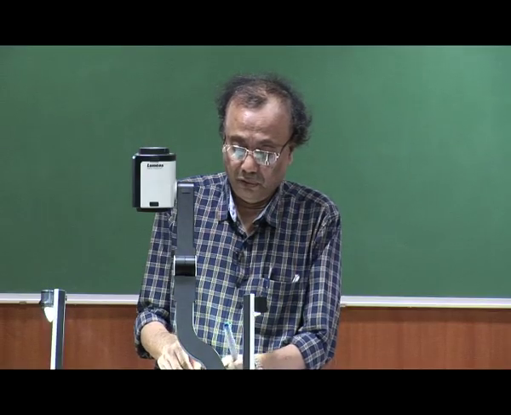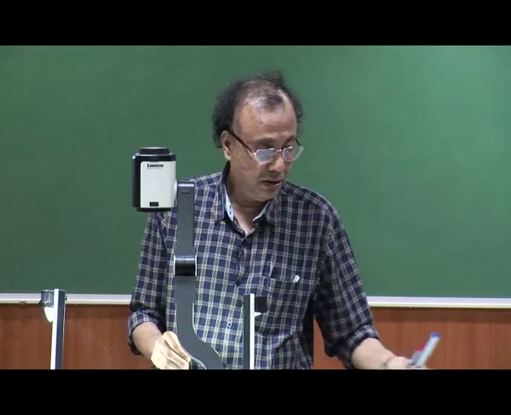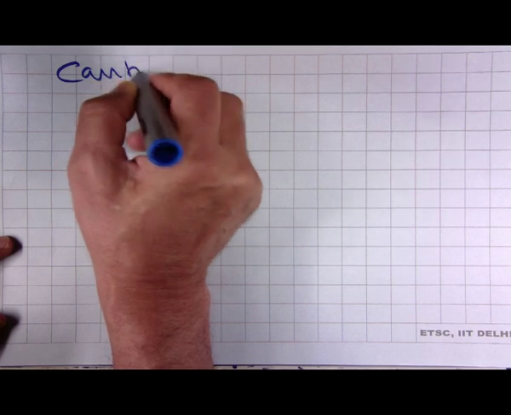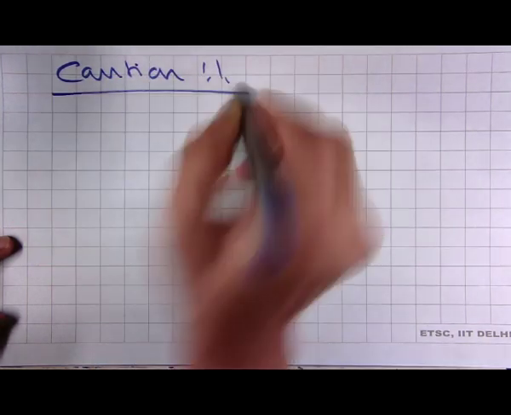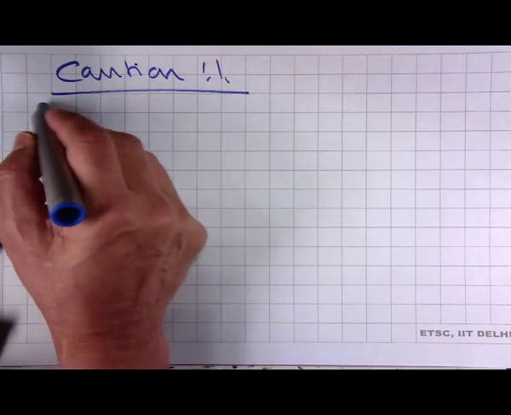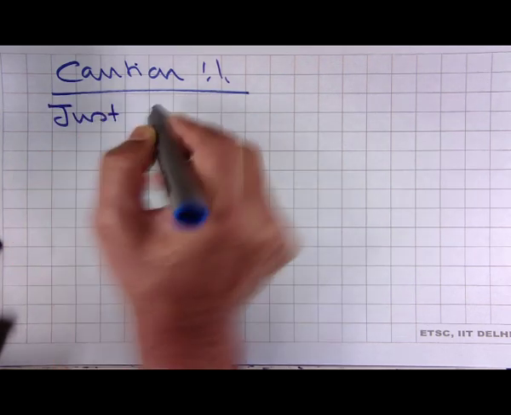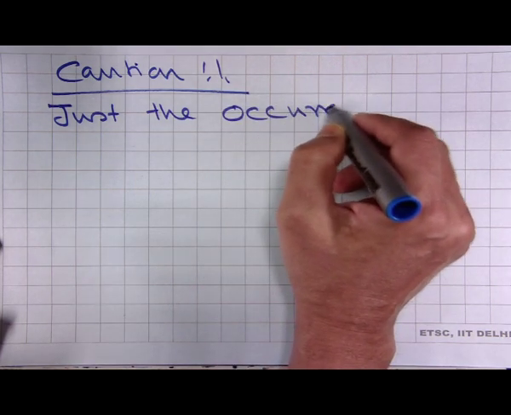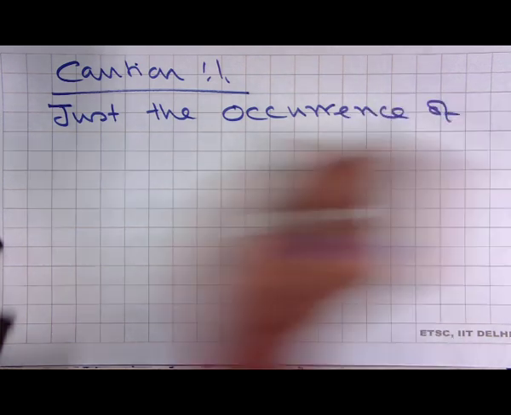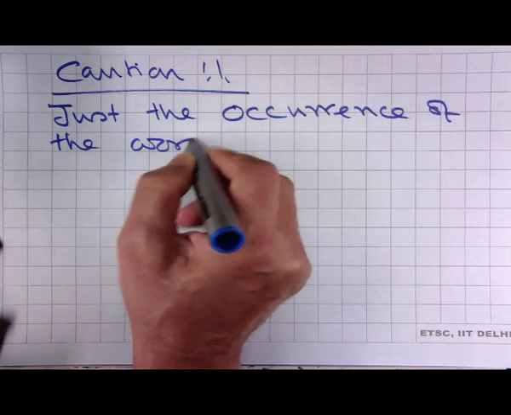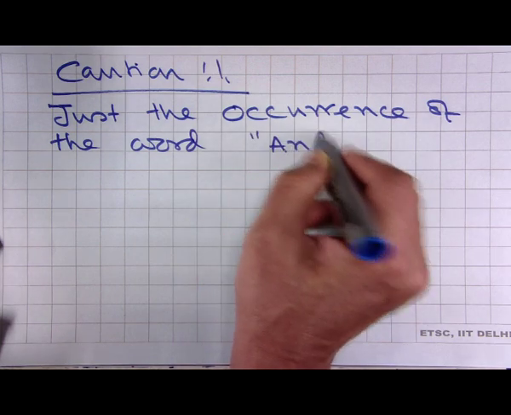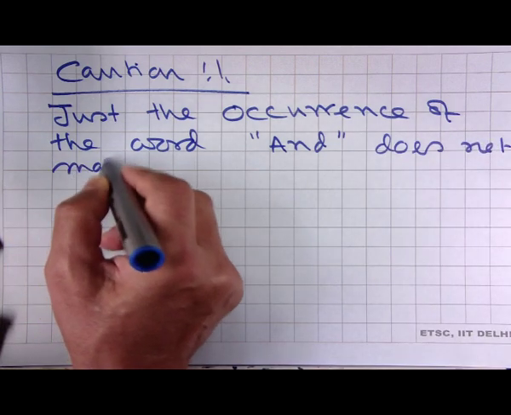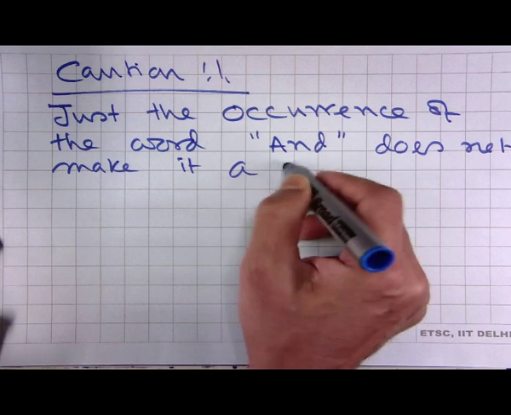However, one has to be a little bit cautious while using AND. In English sentences, just the occurrence of the word and does not make it a conjunction.